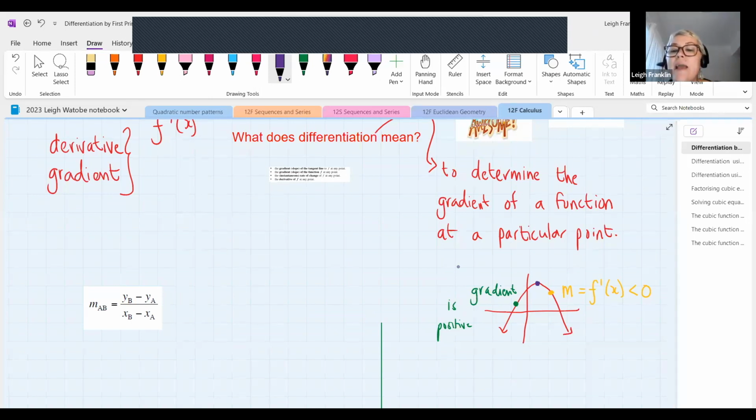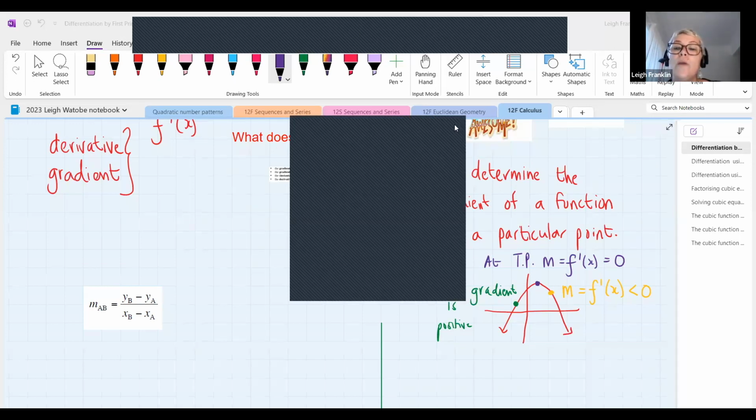So we would say at the turning point, your gradient, which is the same as the derivative of x, is now equal to zero. So the gradient changes depending where on the curve we are, at which point we are.